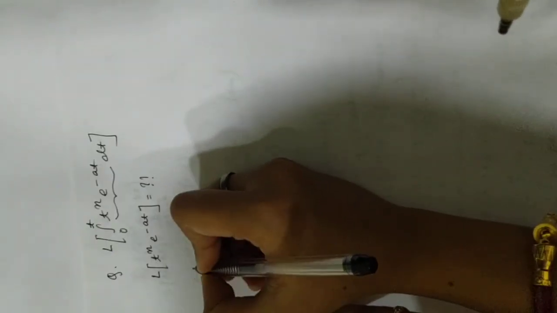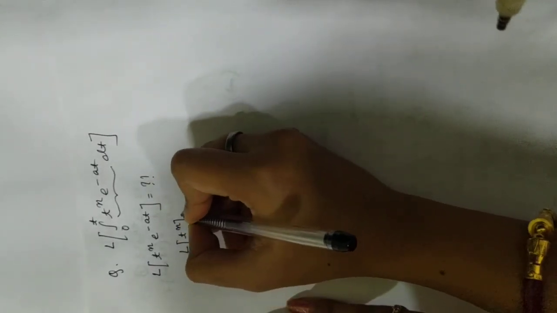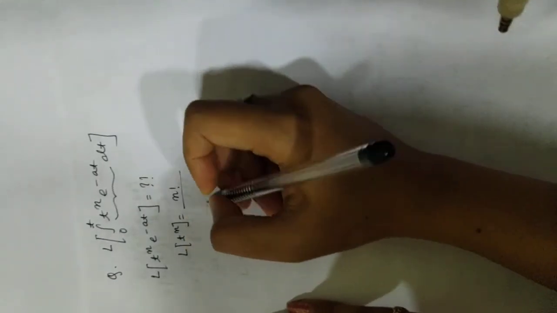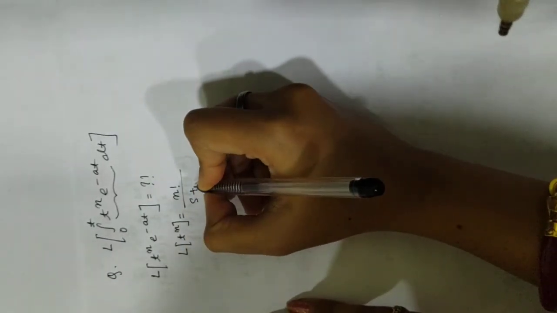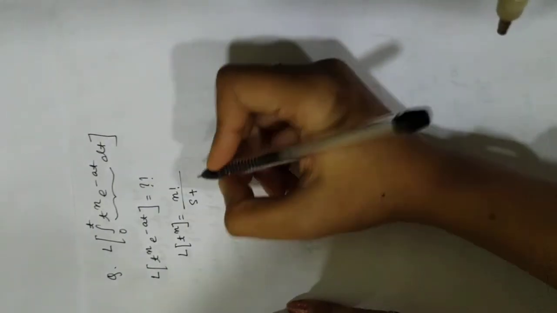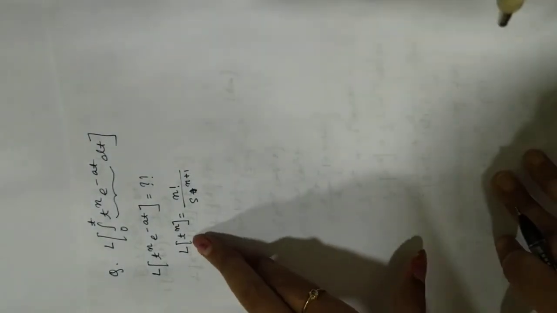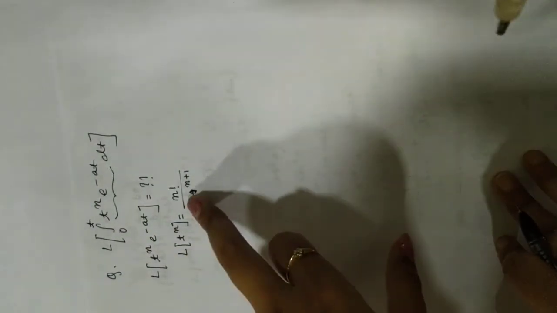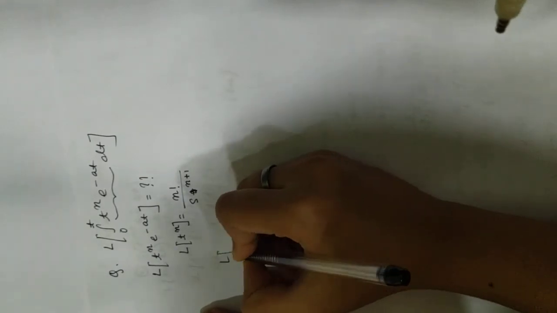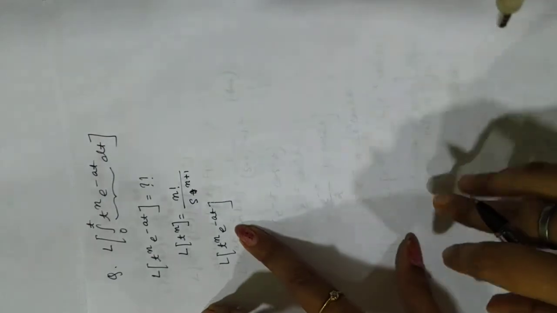In the last class, if you go to the last class, you will see we have already derived Laplace transform of t to the power n is equal to factorial n divided by s to the power n plus 1. This has already been derived. Now what happens is, our function t to the power n gets multiplied by an exponential term e to the power minus a t.